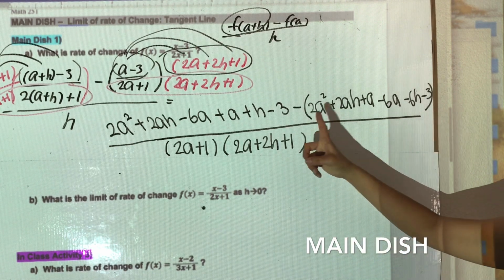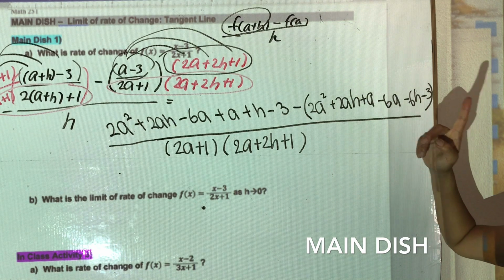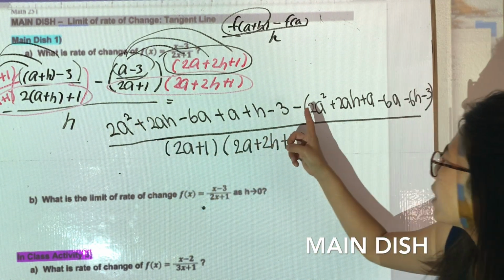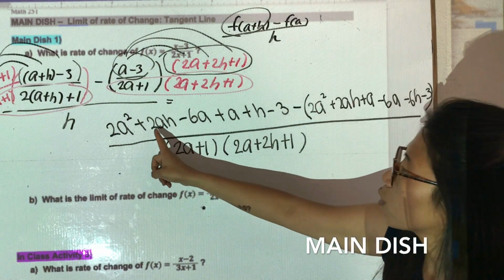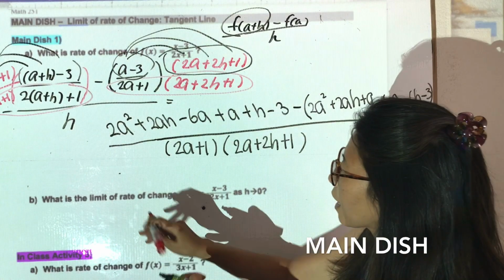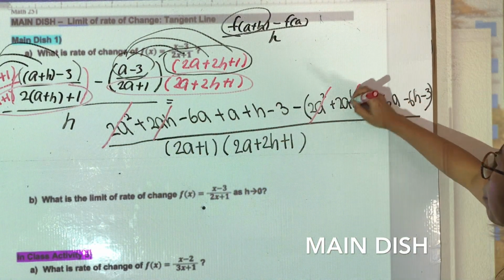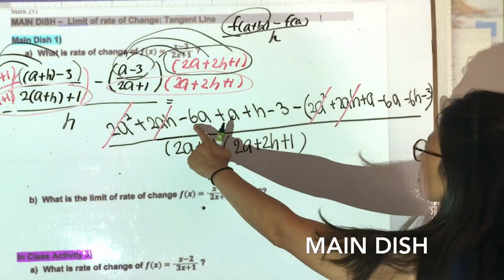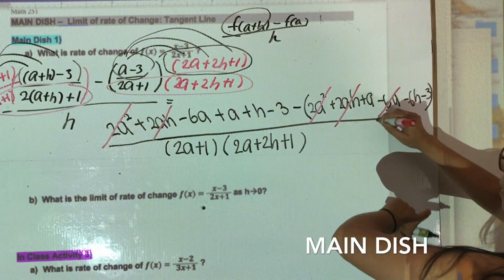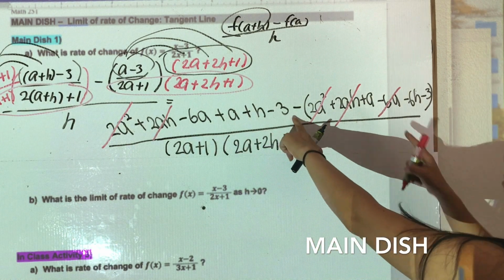So as you see, that negative has to be distributed. That means 2ah will be negative 2ah, and 2ah will be negative 2ah. So you see that I can cancel out the terms that are opposite. So minus 6a, there will be plus 6a, cancel out, and plus a, there's a negative a.